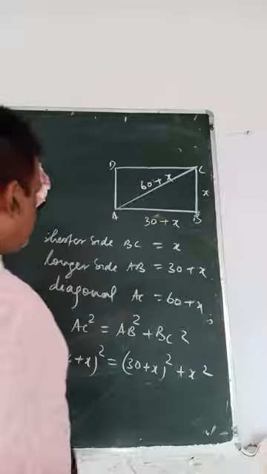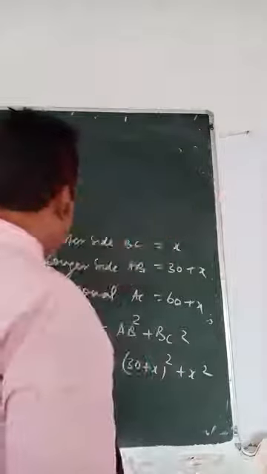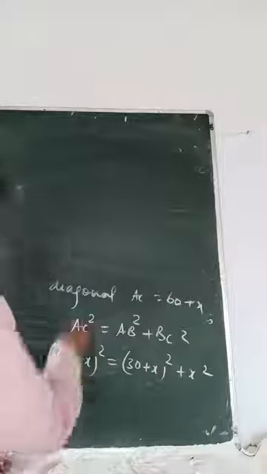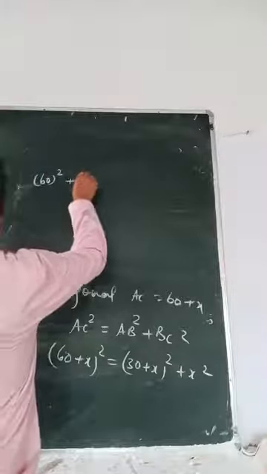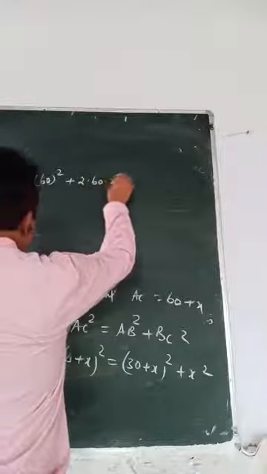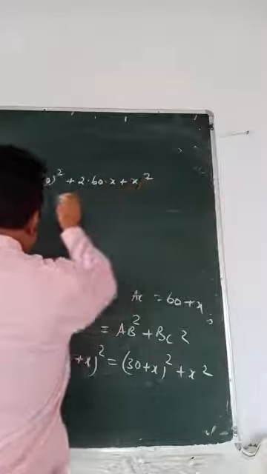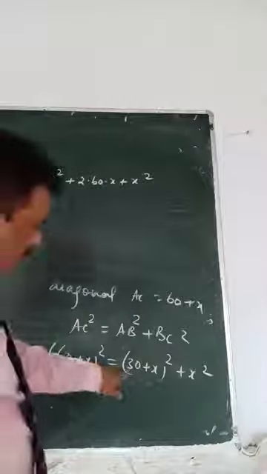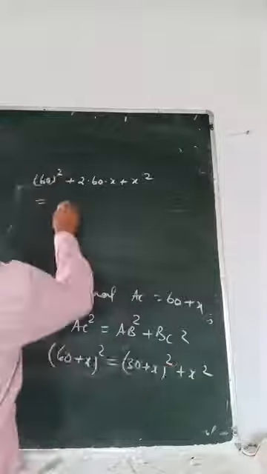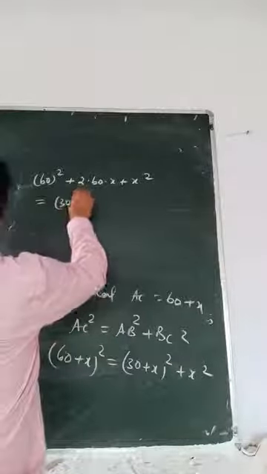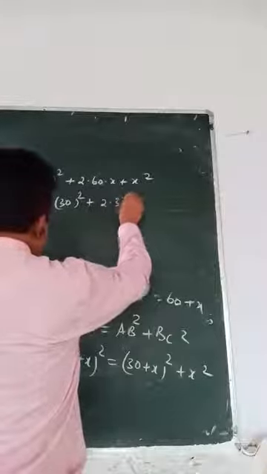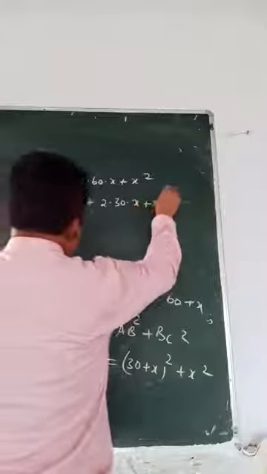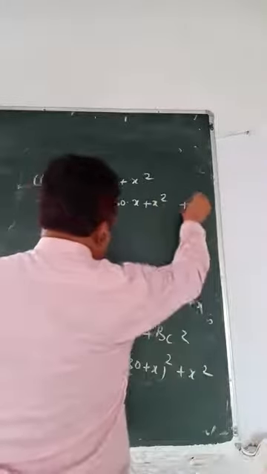So how to solve? (a plus b) whole square: 60 square plus 2 into 60 into x plus x square equals, again (a plus b) whole square, 30 square plus 2 into 30 into x plus x square, then again plus x square.